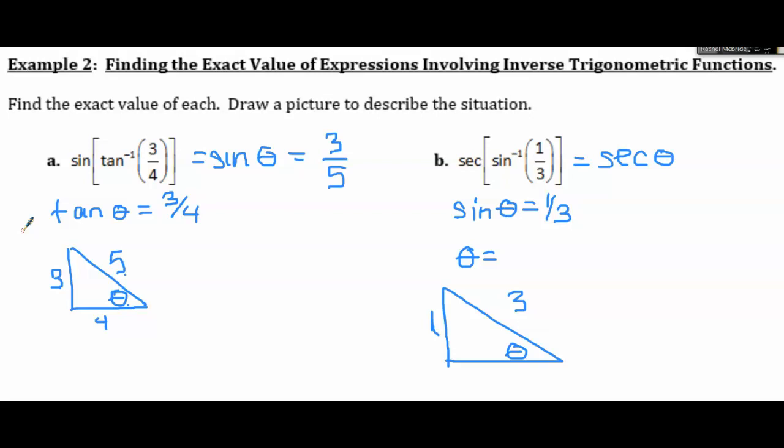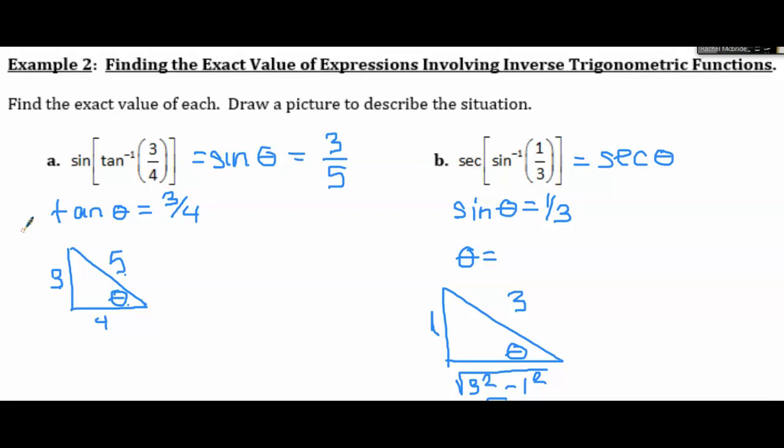So we need adjacent, which would be the square root of 3 squared minus 1 squared, because it's the Pythagorean theorem. So 3 squared is 9. 9 minus 1 is 8. So adjacent is the square root of 8.